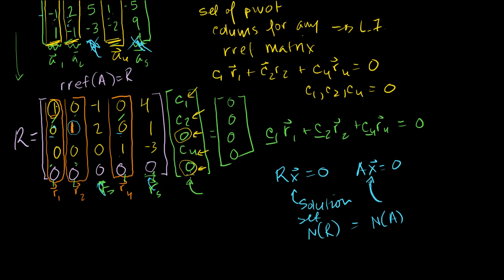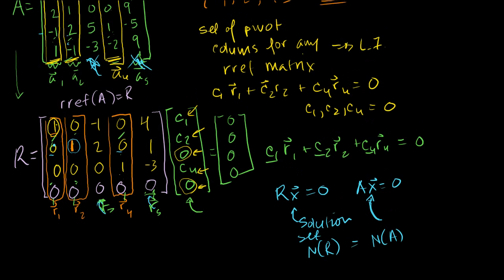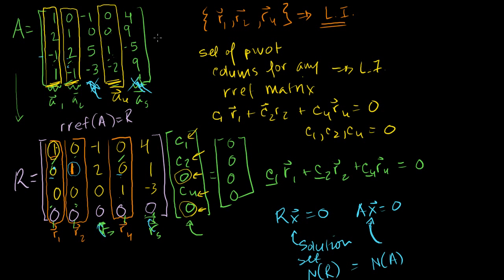Now, the only version of this that satisfied this equation was when C1, C2, and C4 are equal to 0. So that tells us that the only version of this, C1, C2, 0, C4, 0, that satisfies this equation, is when C1, C2, and C4 equal 0.